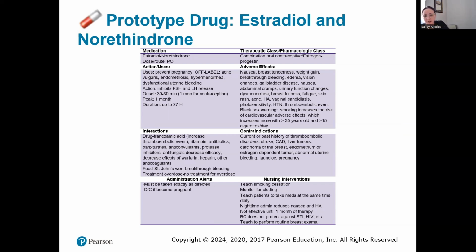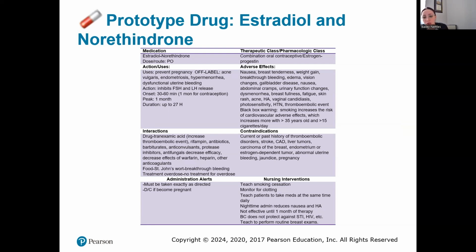So drugs that it interacts with are tranexamic acid, which increases your thromboembolic event, rifampin, antibiotics, because we know that antibiotics lower the contraception efficacy. Barbiturates, anticonvulsants, protease inhibitors, antifungals decrease efficacy, and it decreases the effects of warfarin, heparin, and anticoagulants.